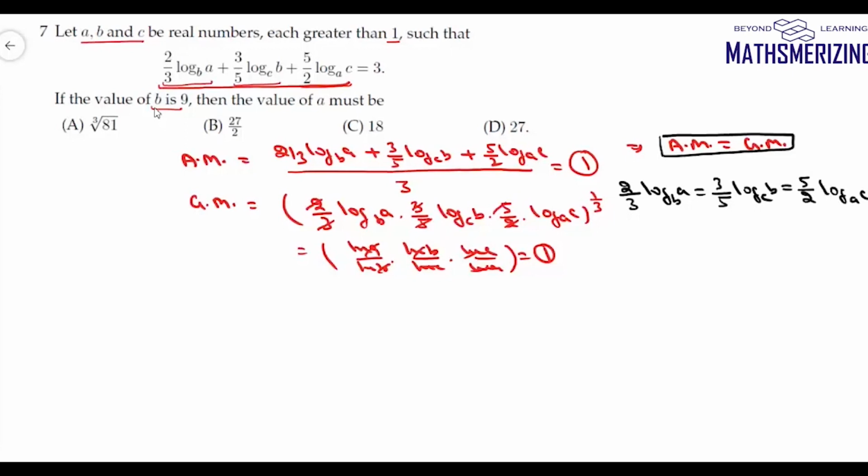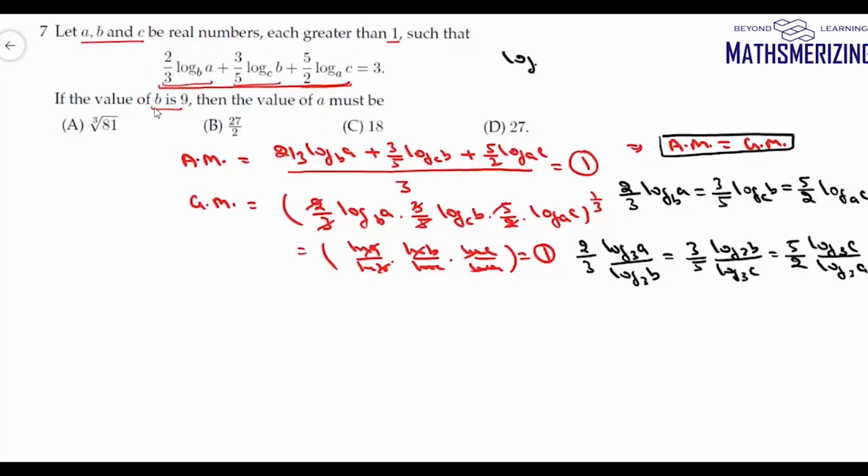Now what I'll also do is I'll change everything to the base 3. So I'll write 2 by 3 log a base 3 upon log b base 3, 3 by 5 log b base 3 upon log c base 3, and this is 5 by 2 log c base 3 upon log a base 3.